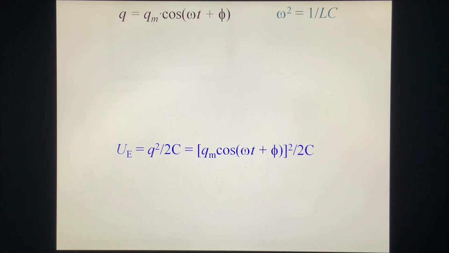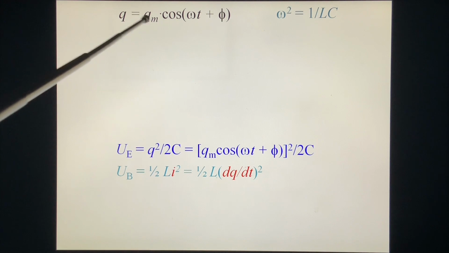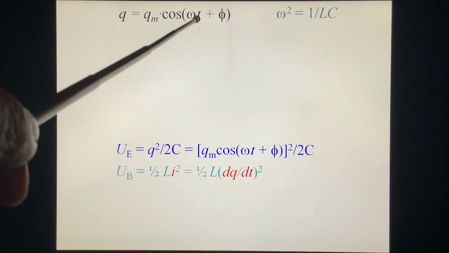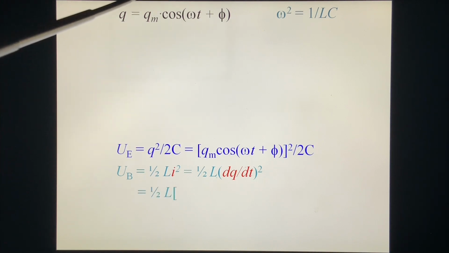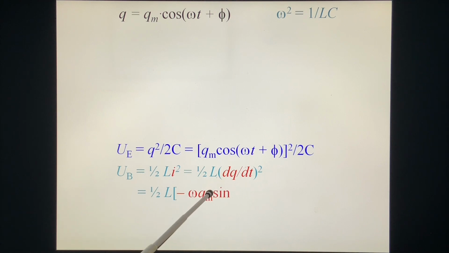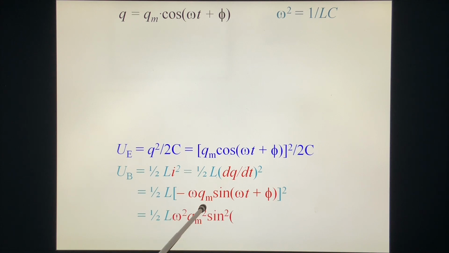The magnetic energy is concentrated in the inductor: half L i squared, where i is dq/dt. Now we do the dq/dt and find minus omega q_m sine, and then we get this answer, with omega squared q squared.